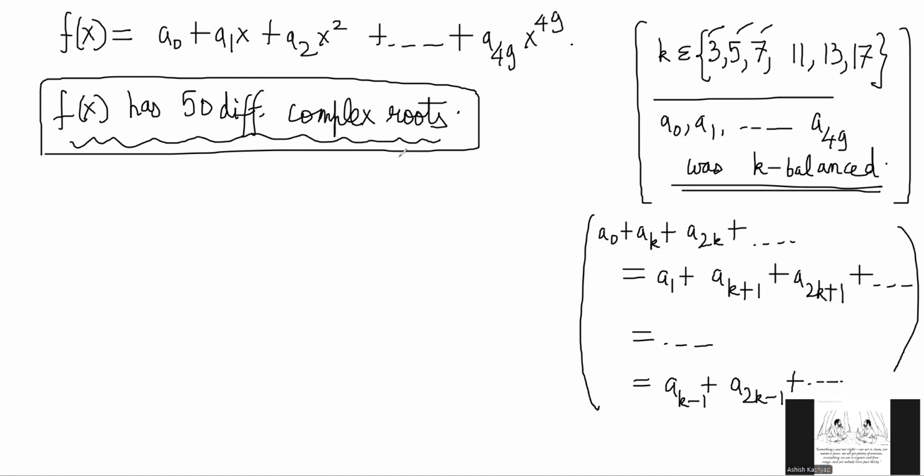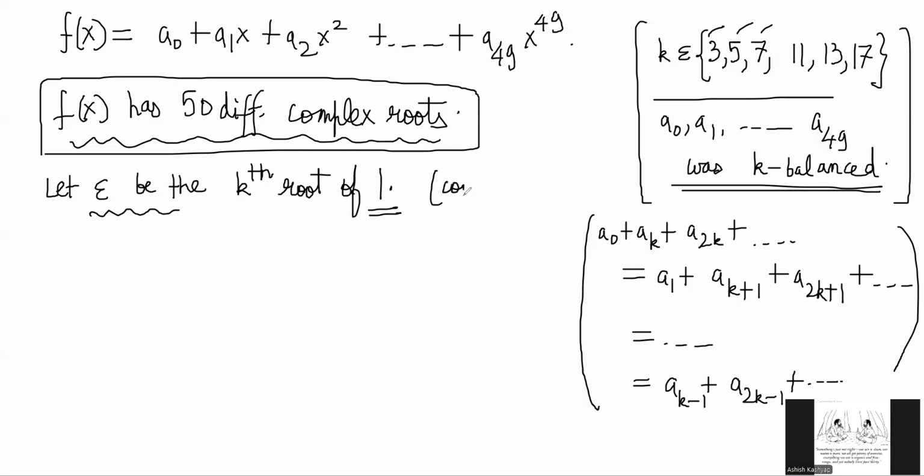Correct, correct. The complex roots, right? Yes. So what I would say is you can think of let epsilon be the kth root of 1. You are on the right track. Kth root of 1, but we are talking about the complex roots. Okay.